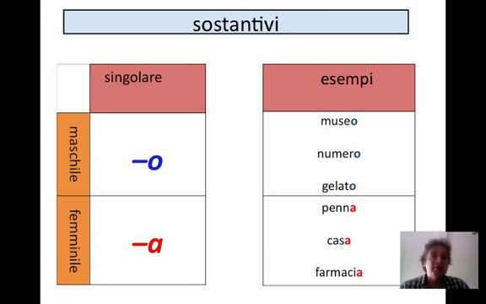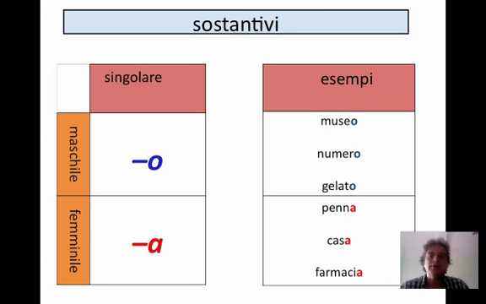As we said, everything, including things or places, are either masculine or feminine. The ending of each word will help us identify its gender. For instance, o, like Mario, will tell us that the word is masculine.